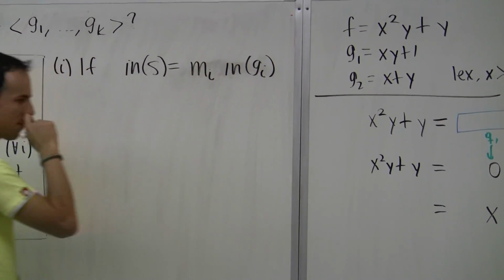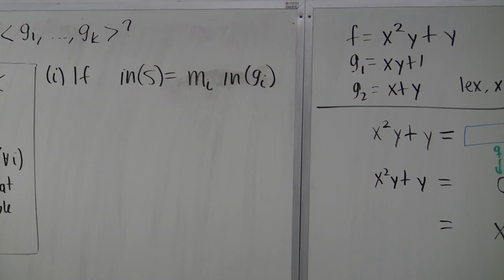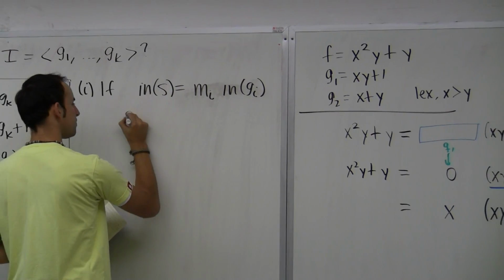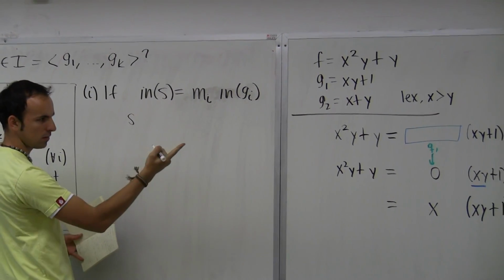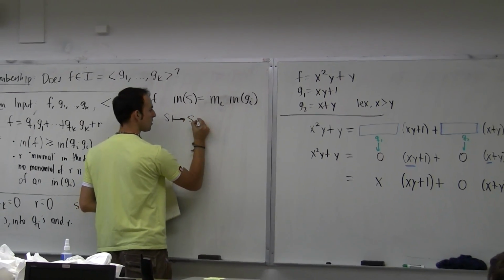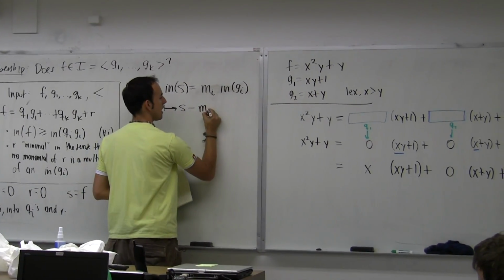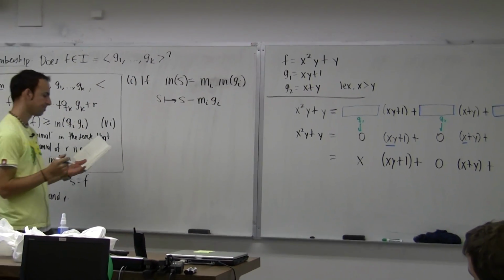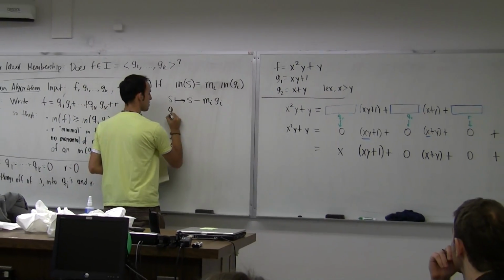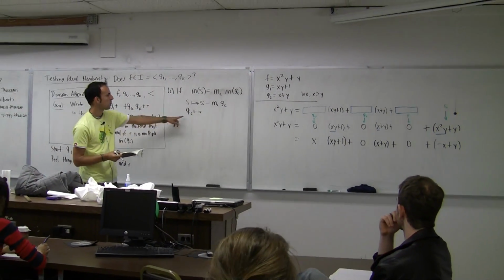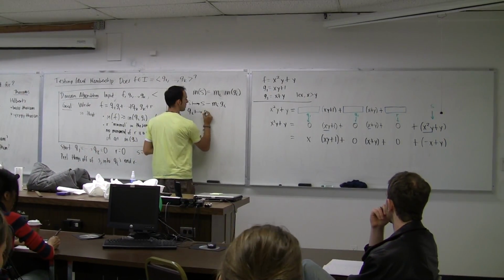I call this mi, in this case mi is equal to x. Then what I do is take that away from S. So I had S and now I just subtract mi gi. And my quotient qi, I'm going to add mi to it.